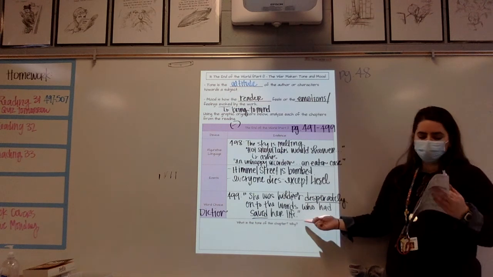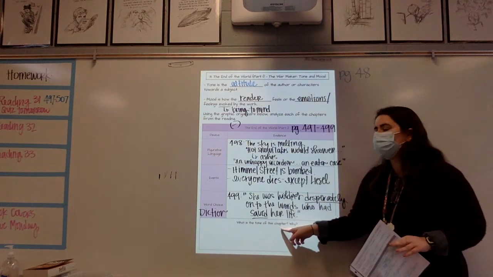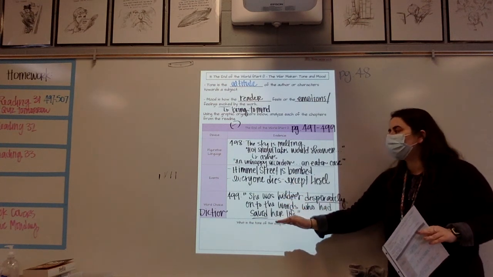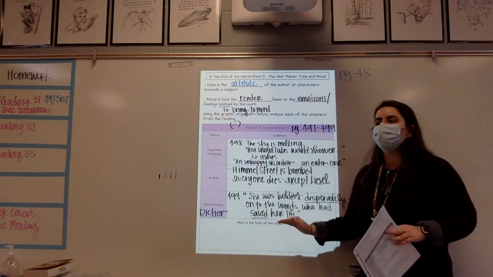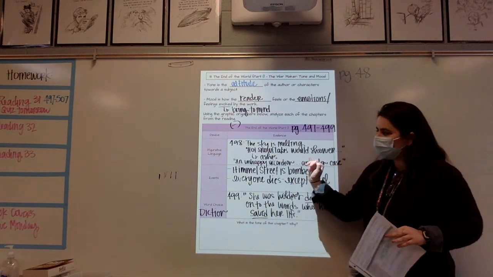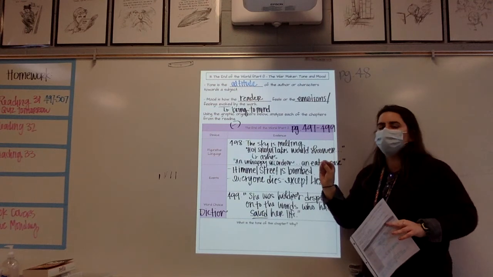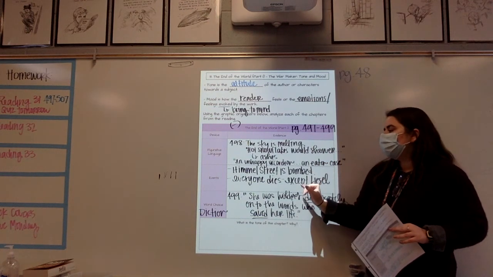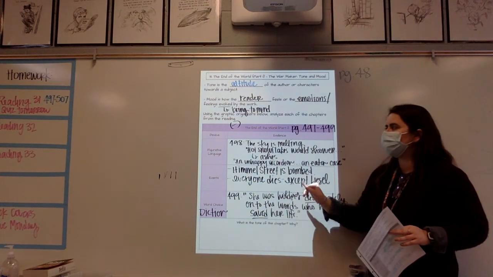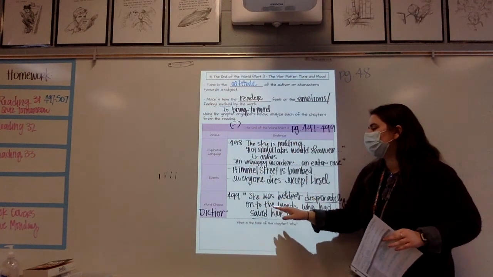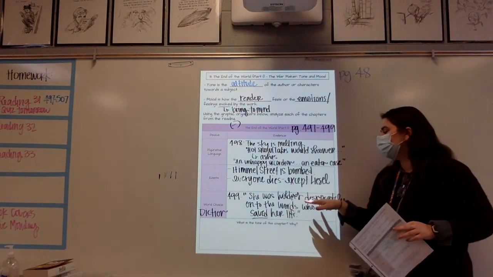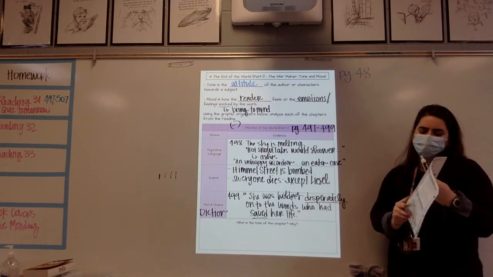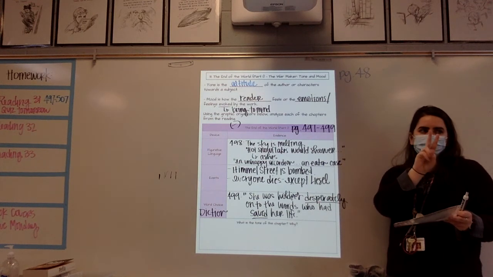So now we get to the question, what is the tone of this chapter? And I have all of this evidence to back up my statement. I've looked at the figurative language, which was these horrible images. I've looked at the events. Very sad things happened. It had a very negative title. And then we have this diction that reveals how bad Liesel is doing. So I'm going to choose 2 words for the tone.